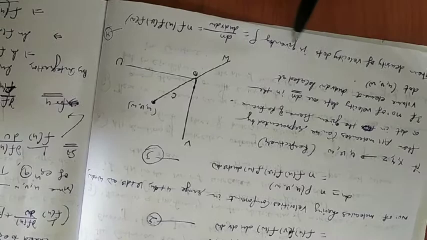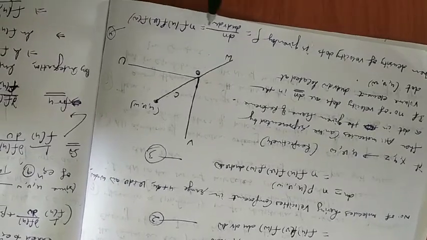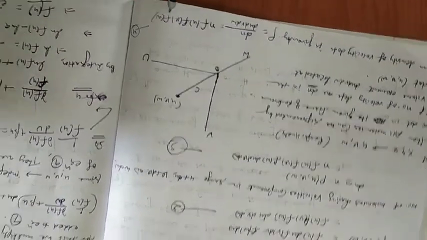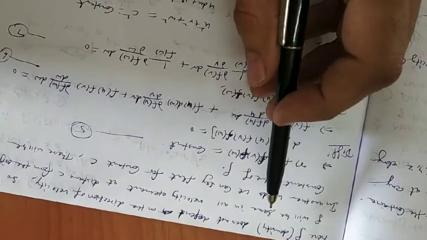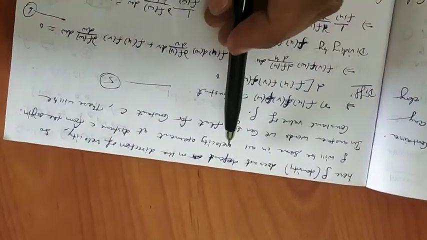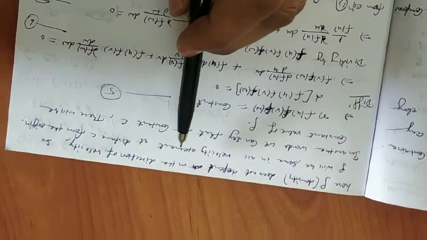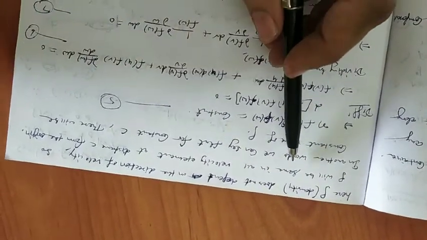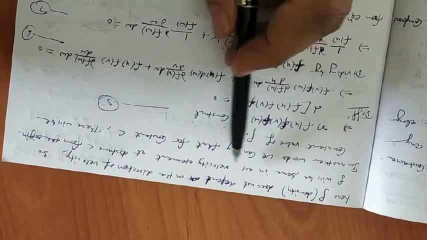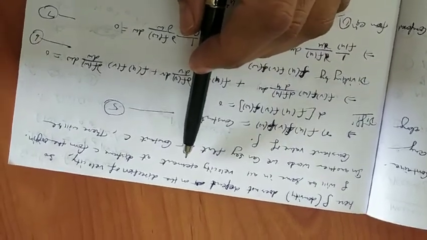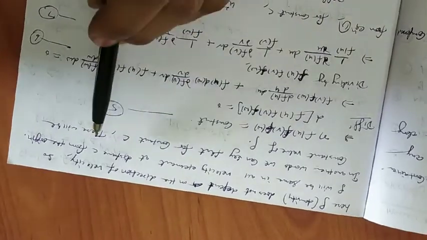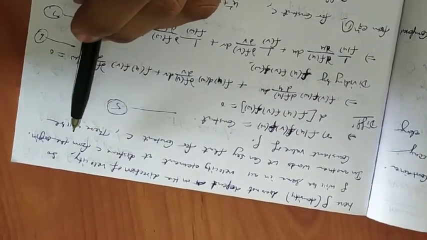So this is the density of velocity, and it is given by n f(u) f(v) f(w). Since density rho is independent of the direction of the velocity, rho will be the same in all velocity elements at a constant distance c from the origin.